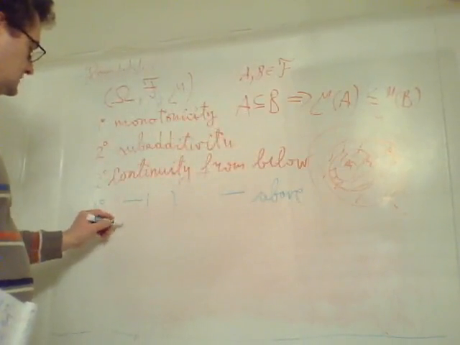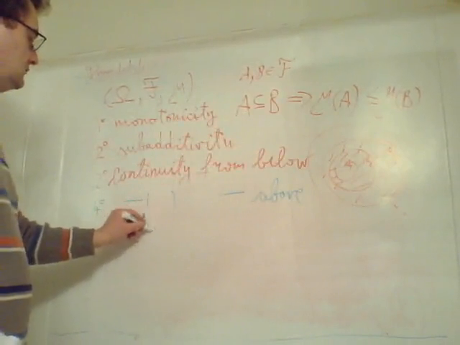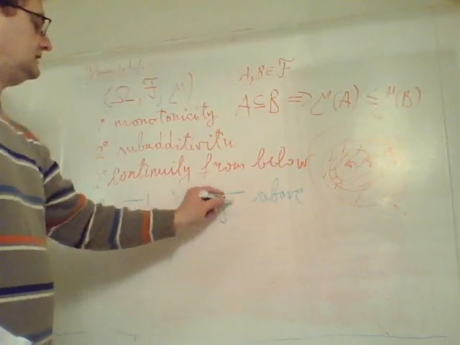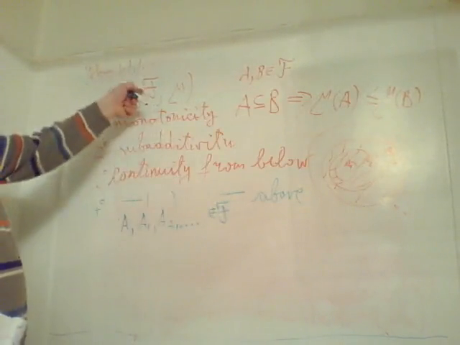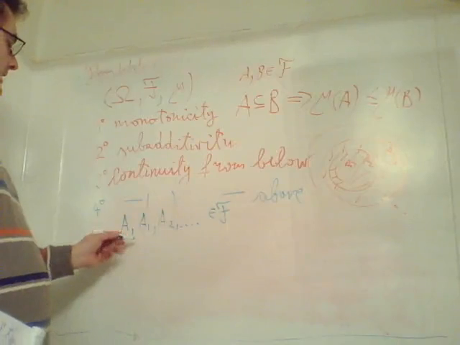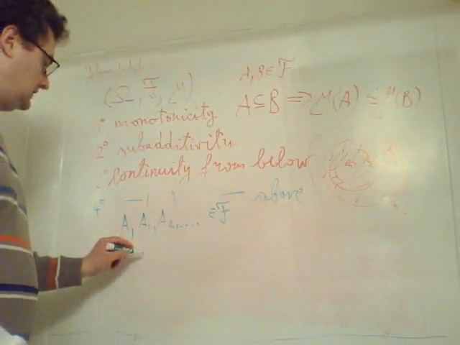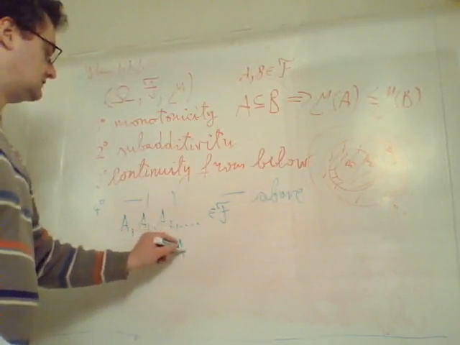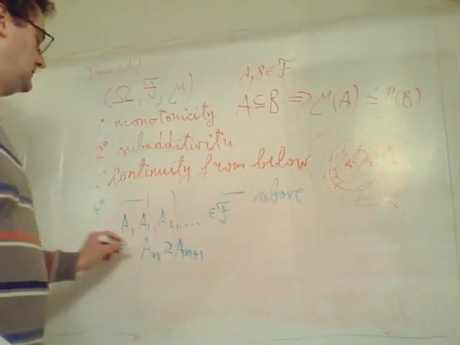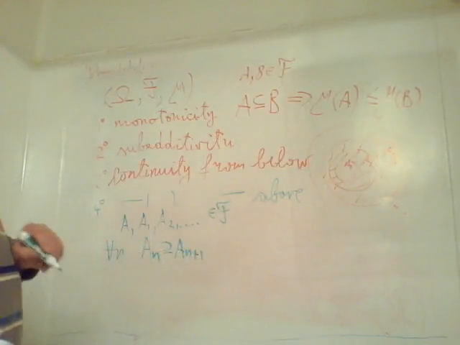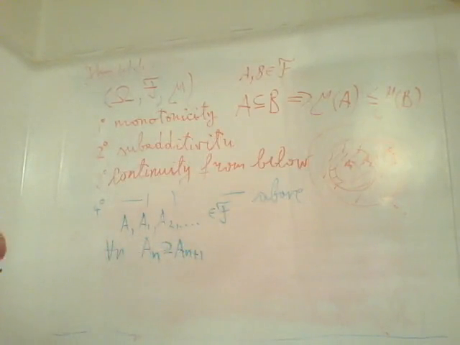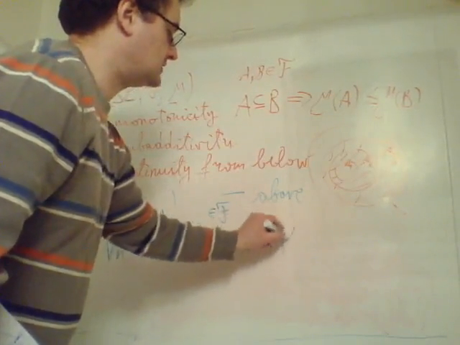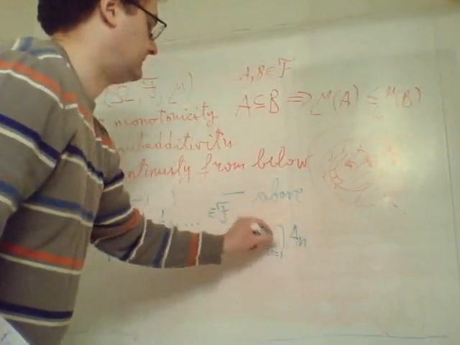So suppose A, A1, A2, and so on, are in the sigma field F, which is the domain of our measure mu, and suppose that this is a decreasing sequence, so An plus 1 is contained in An for every n. And suppose that A is the intersection of all these.